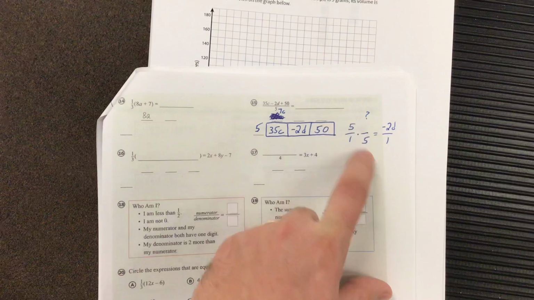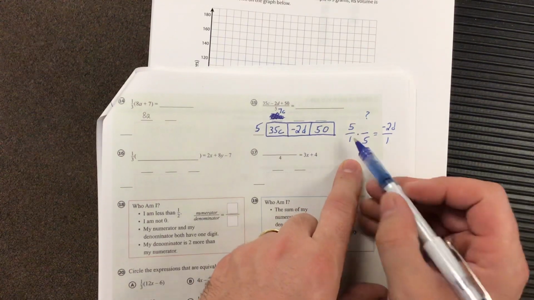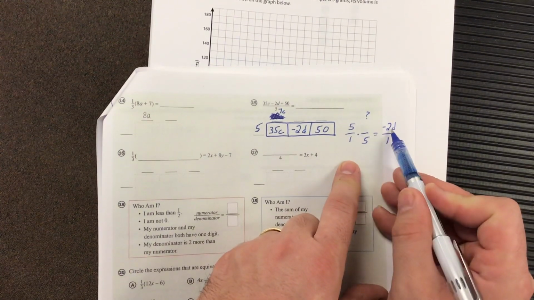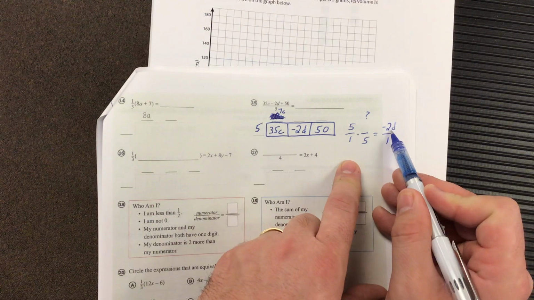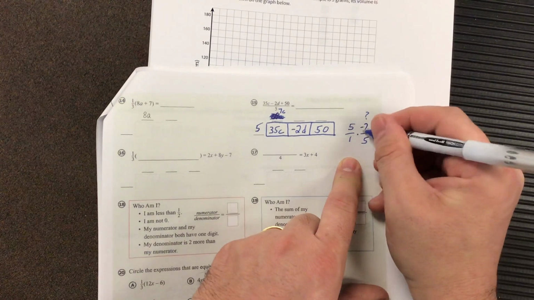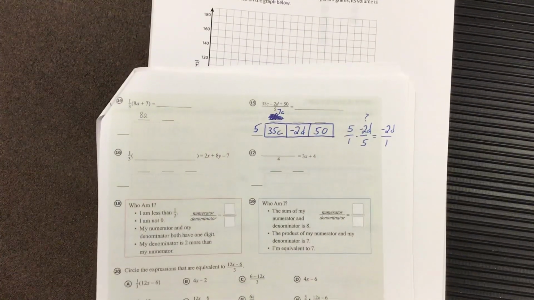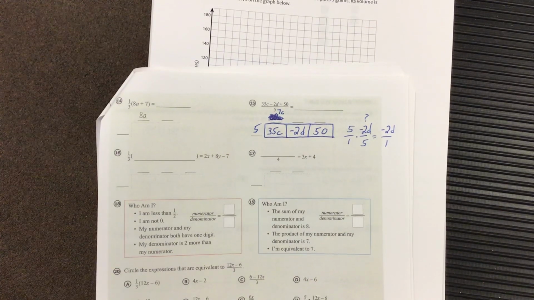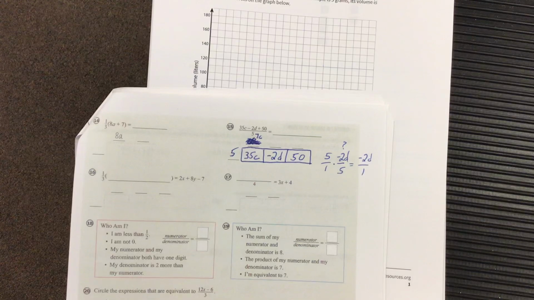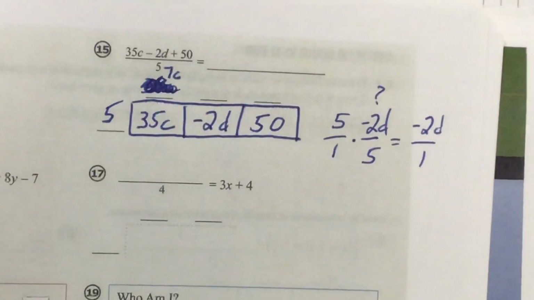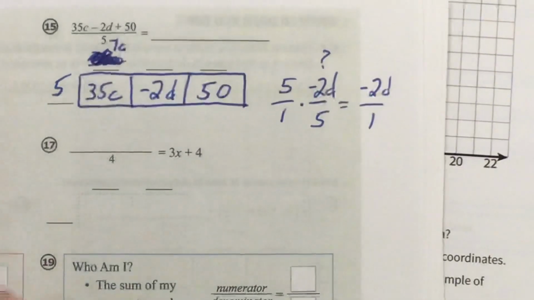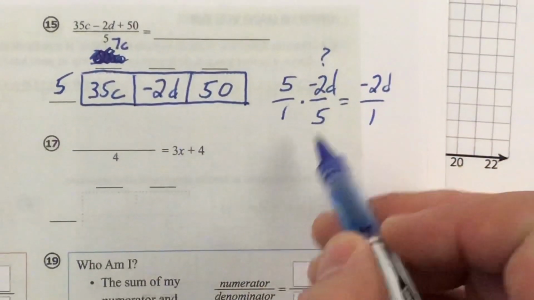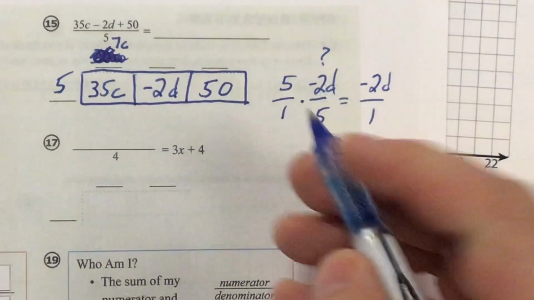On the bottom. Now the 5s would cancel. What has to go here to give me this on top? Negative 2D. Hey, that one was a little tricky. 5s have to cancel.